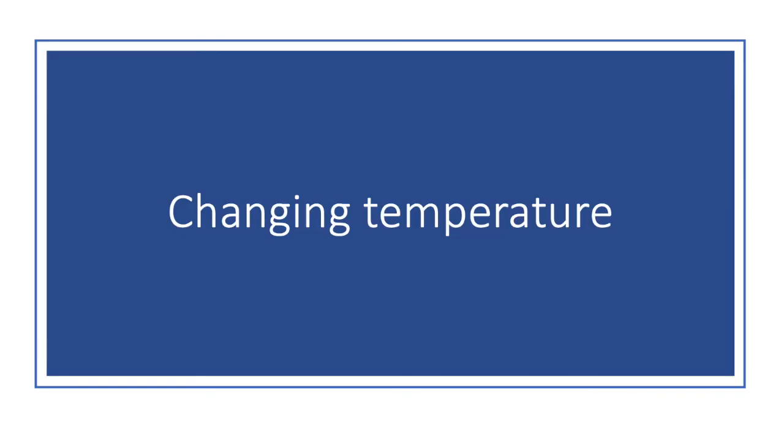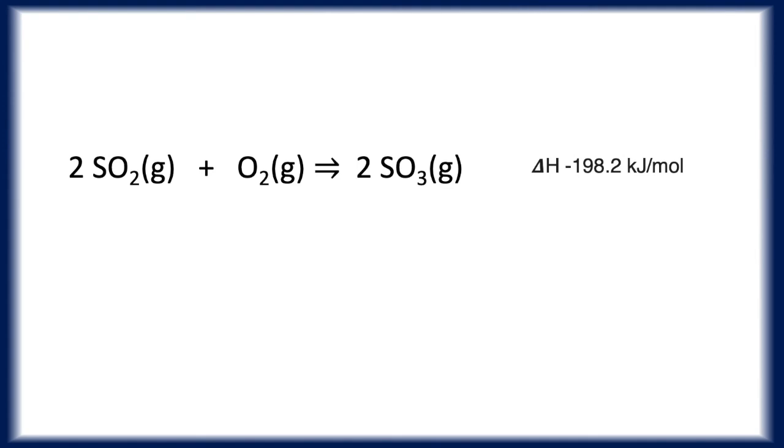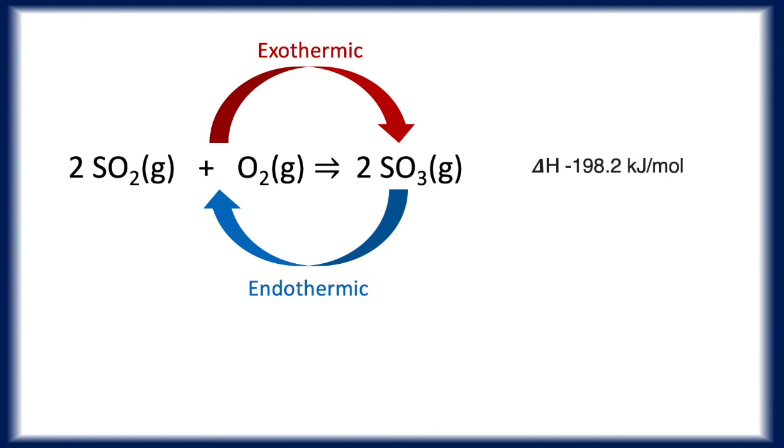Right, so changing temperature now. We'll stay with our sulfur dioxide equilibrium, and we've got delta H now as being minus 198.2, which of course means it's an exothermic forward reaction and an endothermic backward reaction.